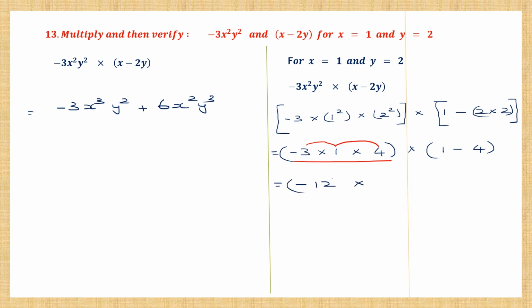So this is minus, so I'll put brackets. Now here what do we have? 1 minus 4. The sign is minus because that's a bigger number. 4 minus 1 is 3. Minus 3. Now here it's multiplication. So minus into minus is plus. 12 3s are 36. Now this side, on the left hand side, we've got this as the answer.